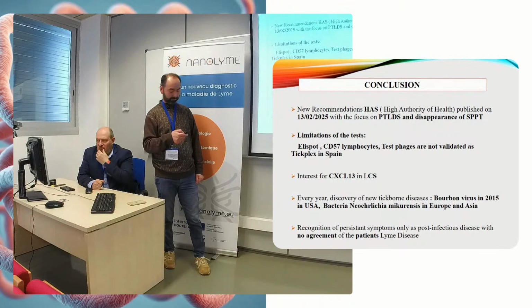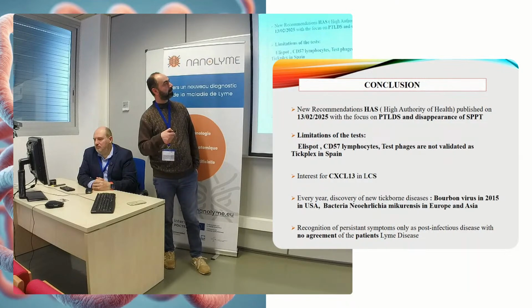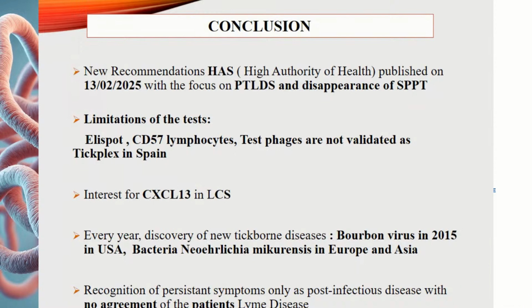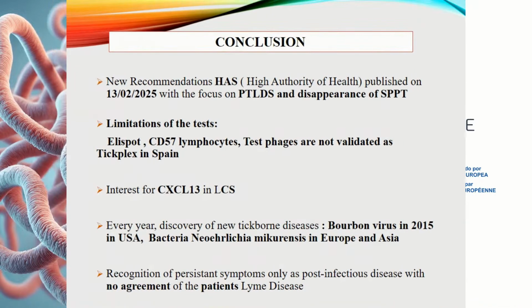So, in conclusion, the new recommendation in France of the High Authority of Health recognizes essentially persistent symptoms, but unfortunately only as post-infectious disease, and does not recommend antibiotic prolongation.